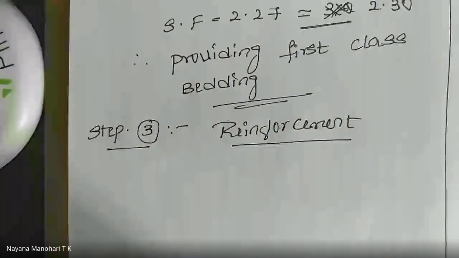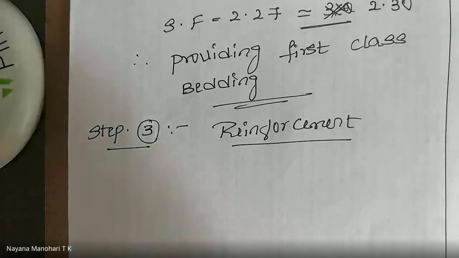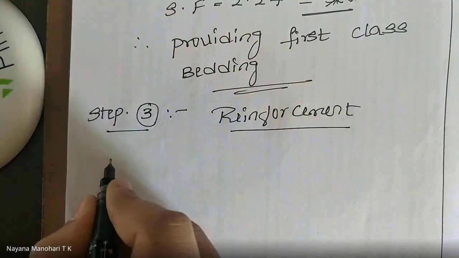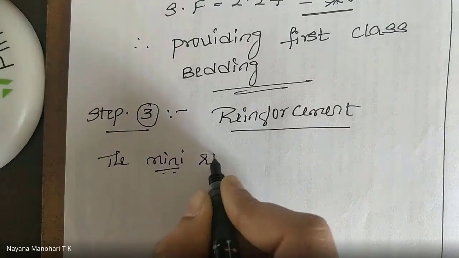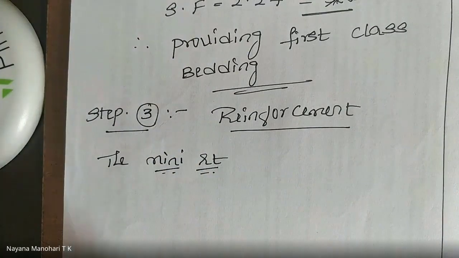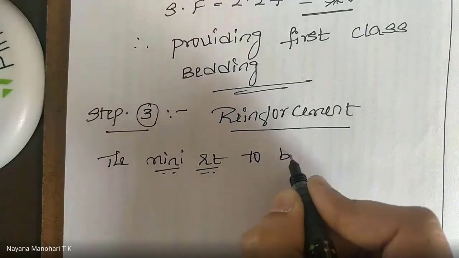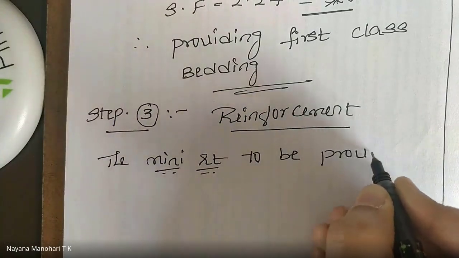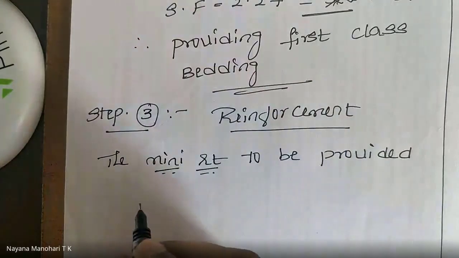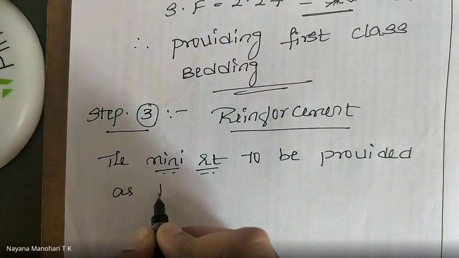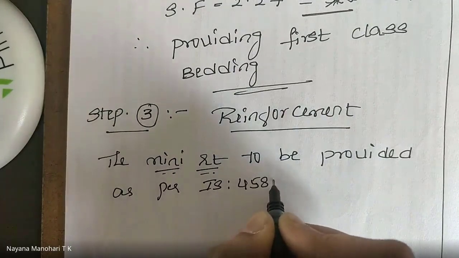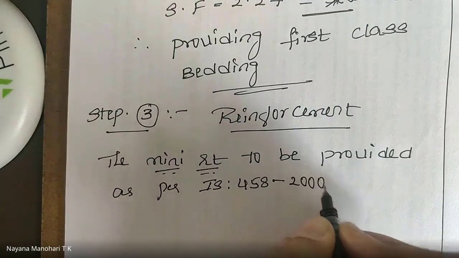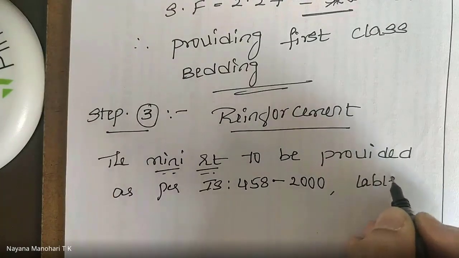Take down the minimum reinforcement to be provided as per IS 458 2000 table 5.